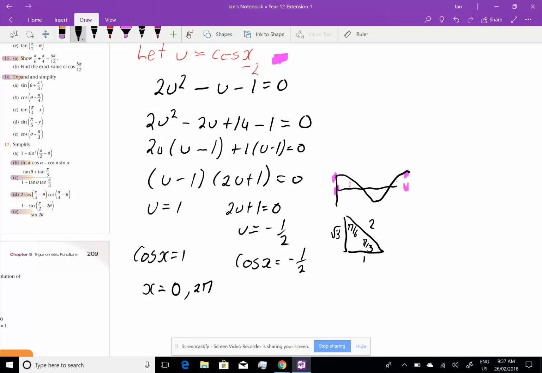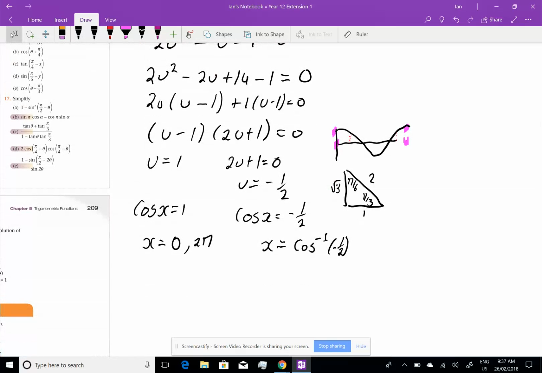So over here, I'm going to get x equals inverse cos of negative a half. So it's a negative answer. Sorry, when I did it, I should have been looking at this value and this value. But once I get the angle, and the acute angle is pi on 3, I need to go 180 minus it, and 180 plus it.